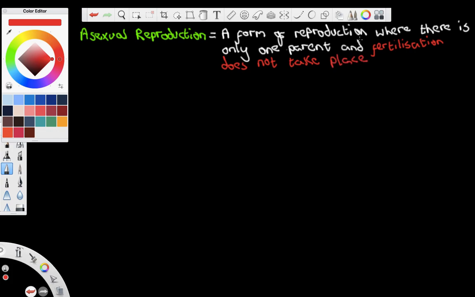Now, essentially, asexual reproduction creates clones of the parent organism. So if I was to reproduce asexually, I would produce a child. There would probably be a part of me that breaks off, or a bud that grows on me that falls off, and that bud would grow into another Mr. Abraham. I know it's hard to believe that there would be two of me. However, that is how asexual reproduction works.